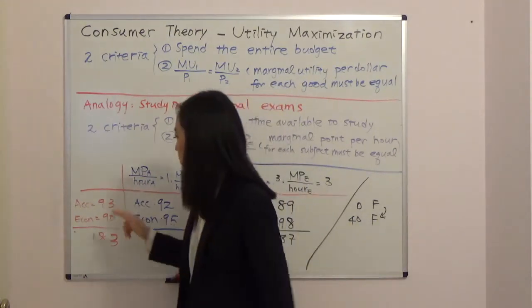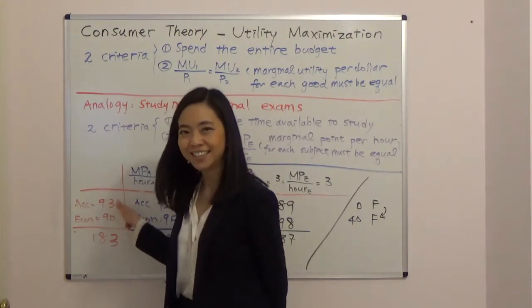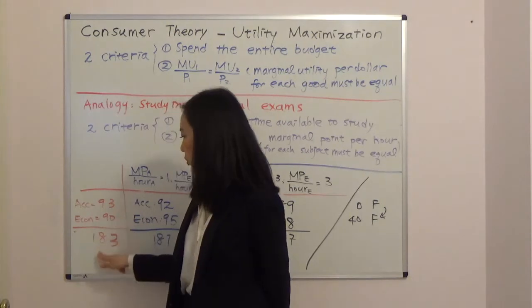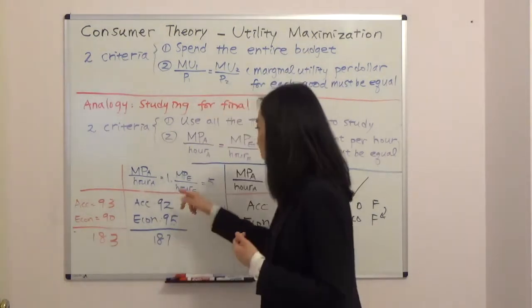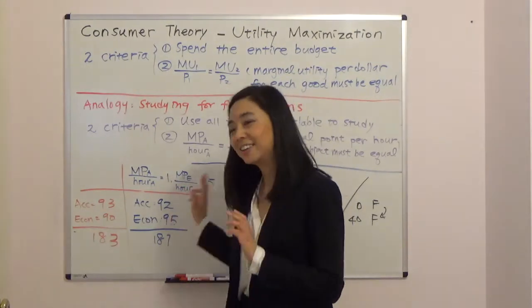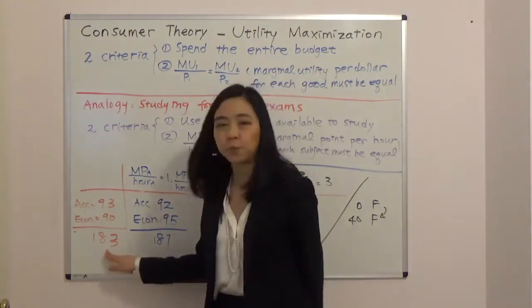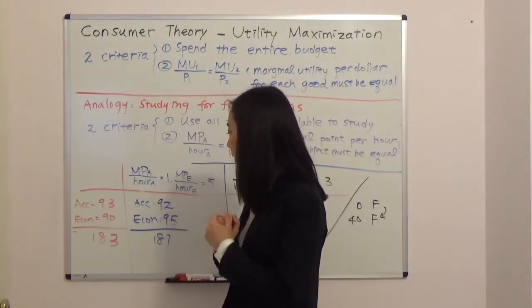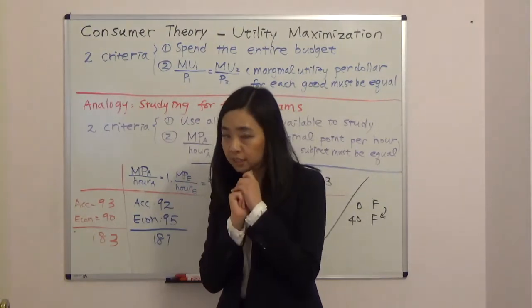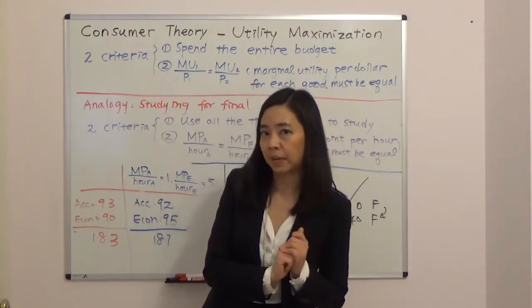Now, suppose your accounting point is 93 and econ is 90, so your total points is 183. Now I'm going to tell you, because marginal point per hour are not equal, so the total points is not maximized. So suppose we shift the last hour from studying accounting to studying economics.